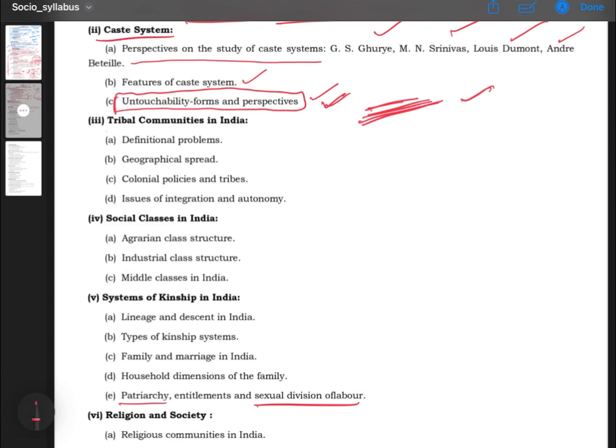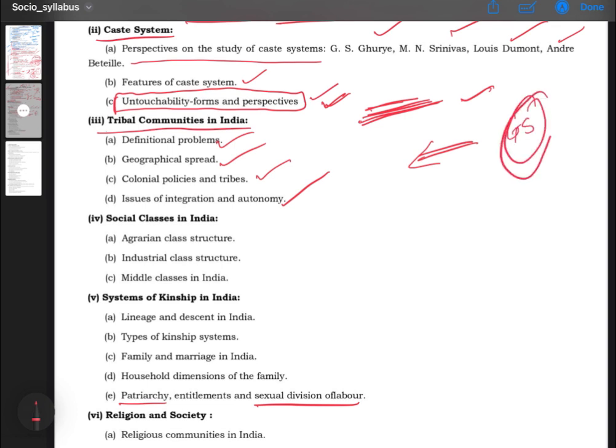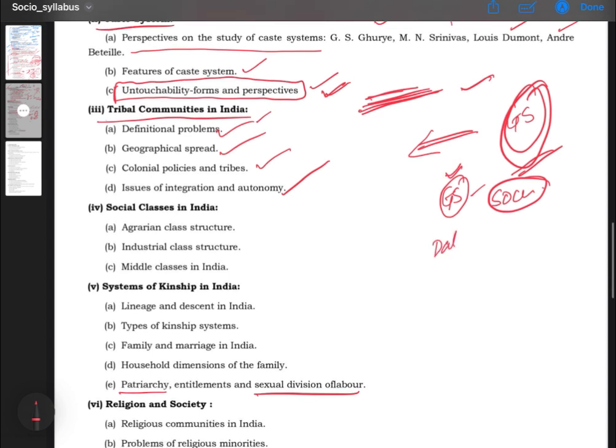The next is tribal communities in India: definitional problems, geographical spreads, colonial policies and tribe, issues of integration and autonomy. In paper 2, we can do so much value addition from our GS studies also. But in GS also we studied about tribals, right? So what is the difference between a sociological answer on tribals and a GS answer on tribals? In GS we tend to give more data, more facts, concepts.